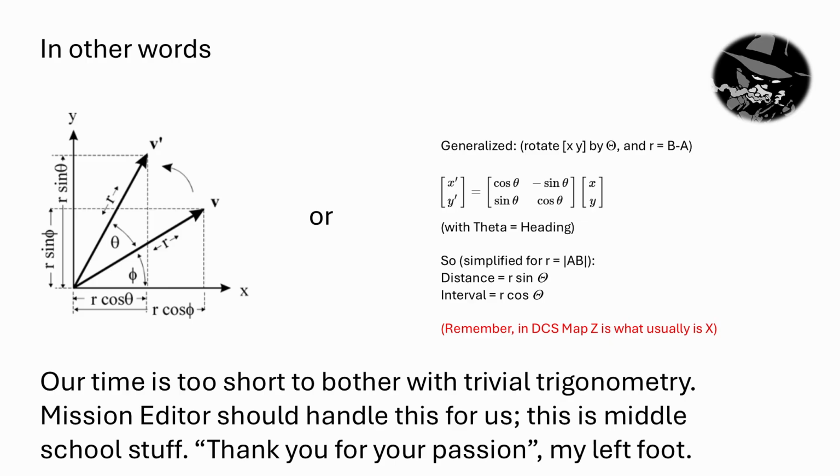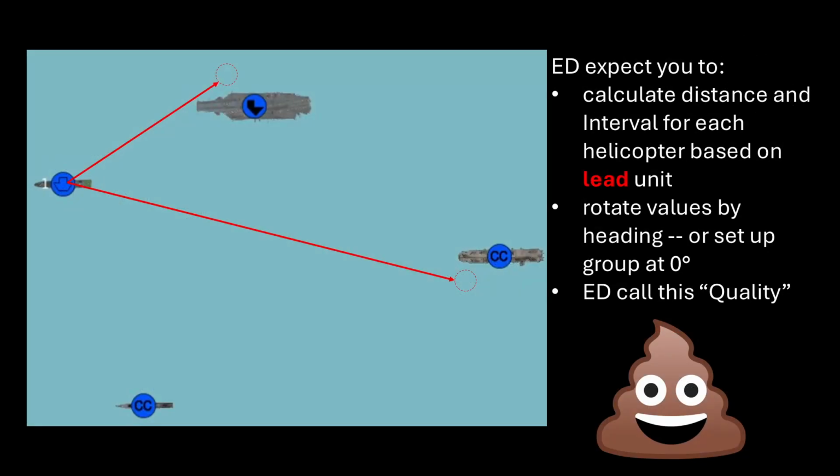A different method is to start the group at a heading of north, measure all values, and then have the group turn to their correct heading. And it gets worse. Remember that all follow offsets are defined relative to the lead unit in the lead unit's coordinate system.